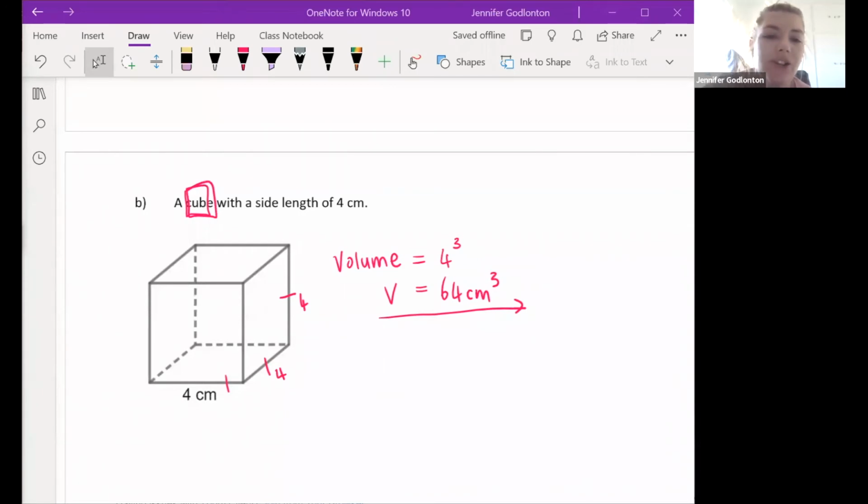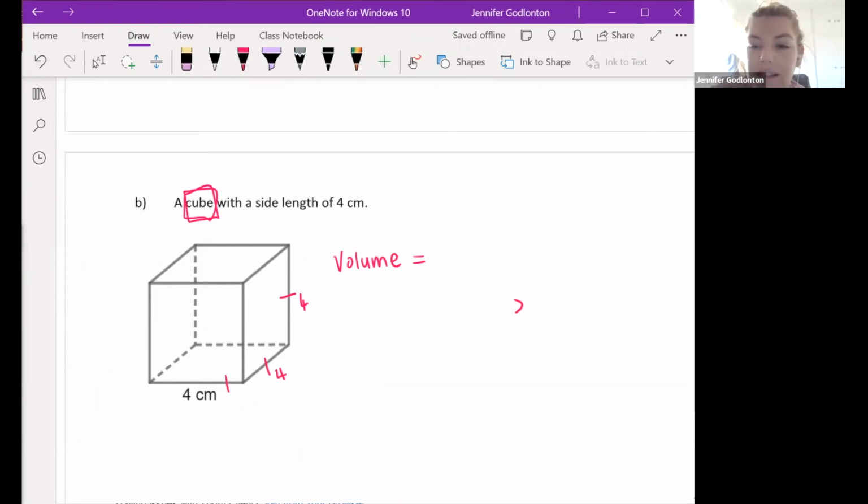Okay, so in the question, they told us here that it's a cube. And because it's a cube, it means that all of my sides are the same as each other. So we know that because they told us it's a cube. But if you feel uncomfortable writing it like that, you could write this as steps. You could say side times side times side, which is equal to 4 times 4 times 4. And then our volume is 64 centimeters cubed.